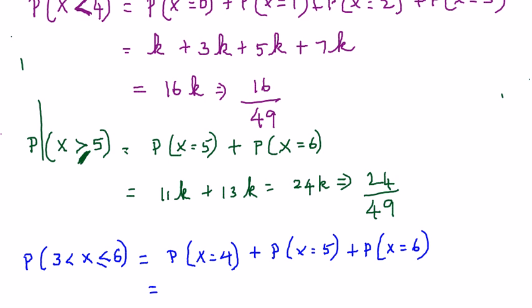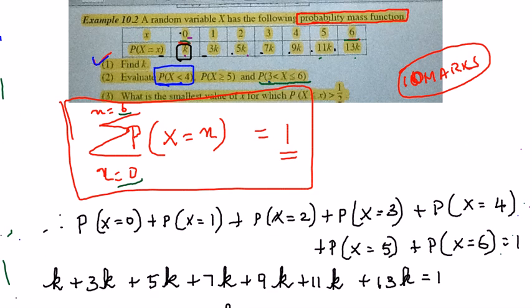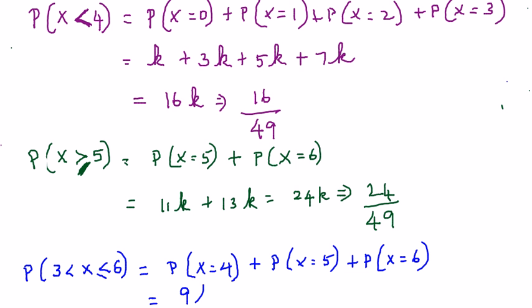What was the value for X equal to 4? 9k plus 11k plus 13k, which is nothing but 33k. And you know k is equal to 1 by 49, so the value of this is 33 by 49.